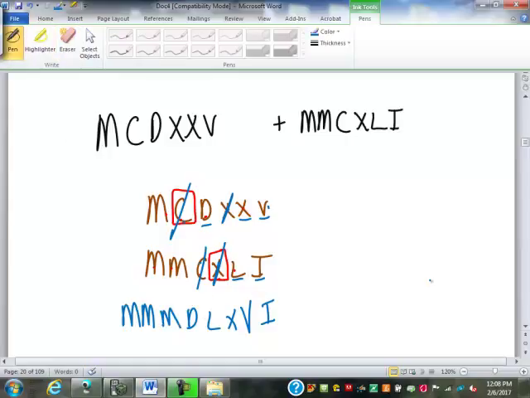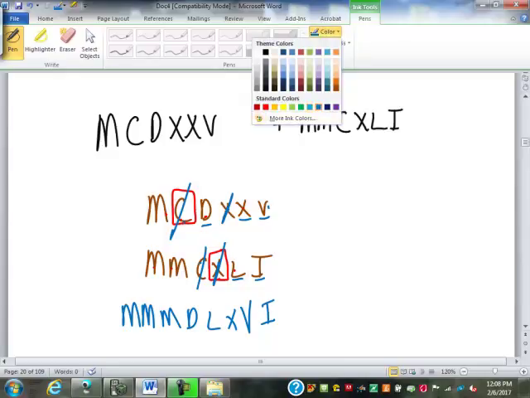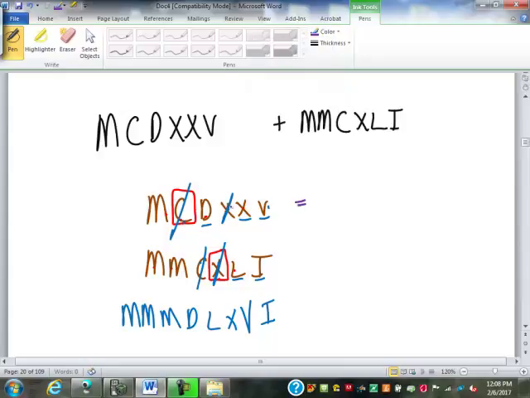Then I double check to make sure I don't have more than 3 of any symbol in a row, and I don't. Let's double check my math here. This would have been 1,000. 100 from 500 would be 400, so 1,425. This would have been 2,000. 100.